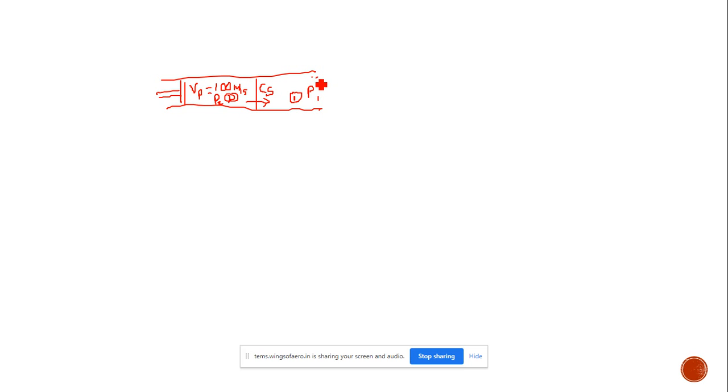The stationary air is already at a pressure of 1 atmospheric pressure, and at a temperature of T1 equal to 300 Kelvin. So this is the problem, and what we need to find is Cs.